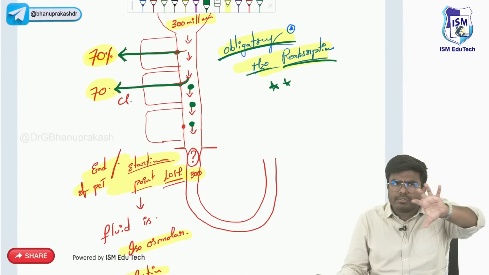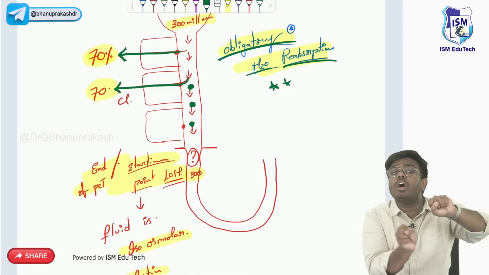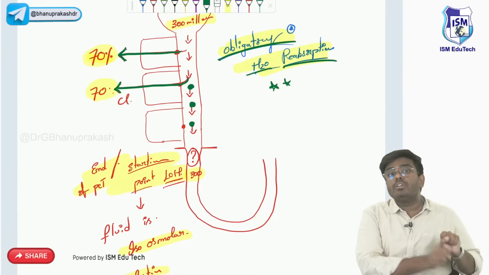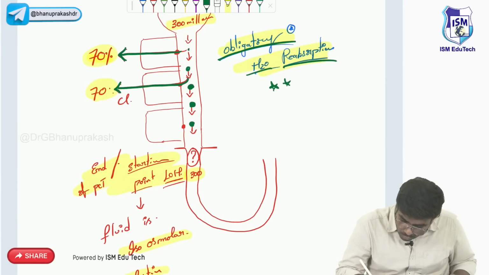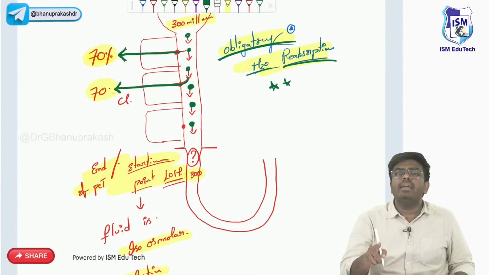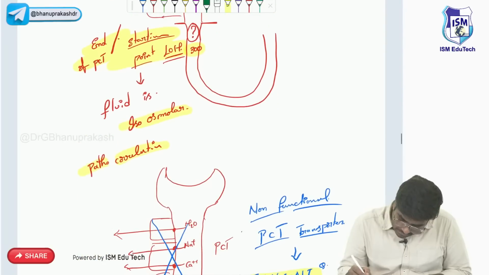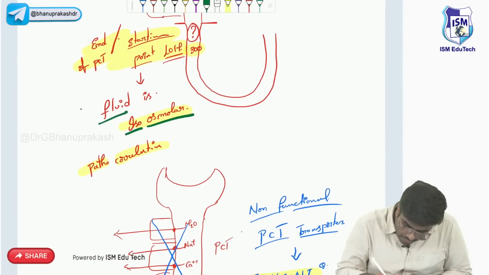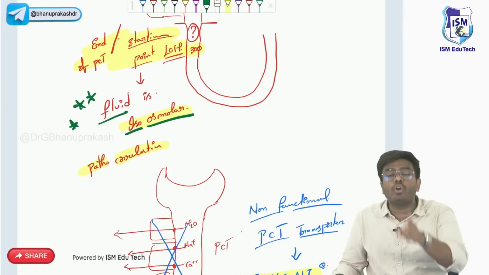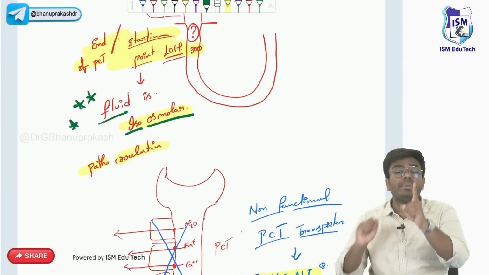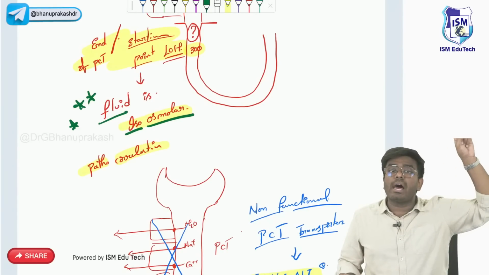So same amount of solute, same amount of solvent are being reabsorbed. So the fluid in the PCT, very important, is isoosmolar. The reabsorption in the PCT is isoosmolar. The fluid in the PCT is isoosmolar to plasma.